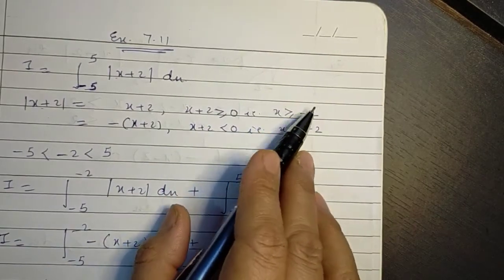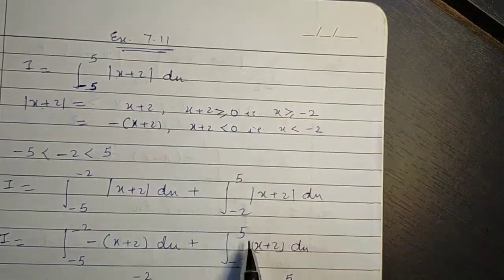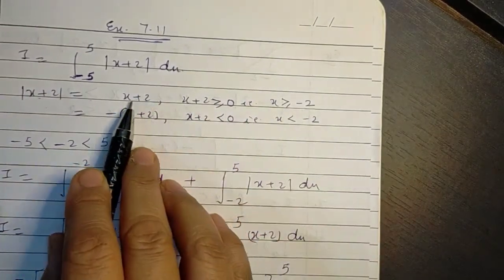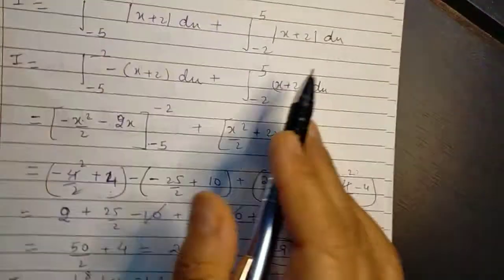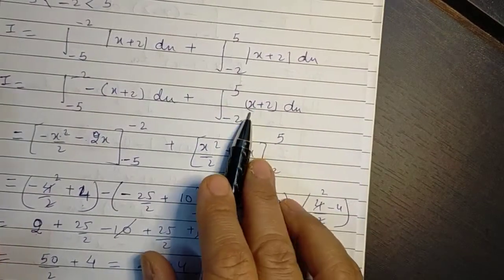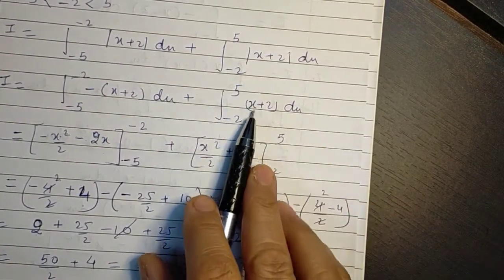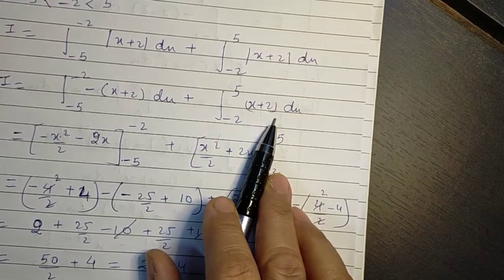So the entire interval is on the right side of minus 2, and so the definition of the function is x plus 2. So in this interval, in place of modulus we will write plus x plus 2.